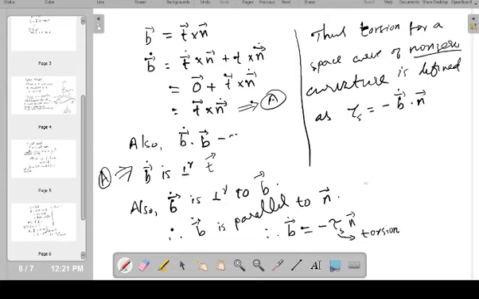Because you are taking the inner product of both sides with respect to N. So here I get B dot inner product N is equal to minus tau s N inner product N, but N inner product N is equal to 1. So tau s is minus B dot inner product N. So this is the formula for torsion.